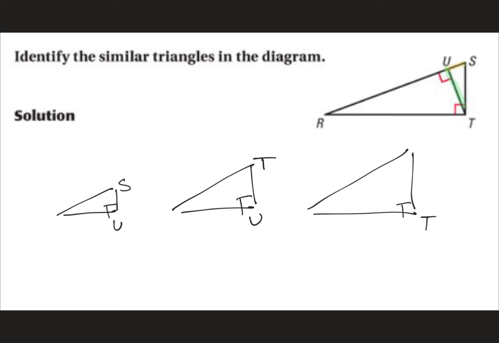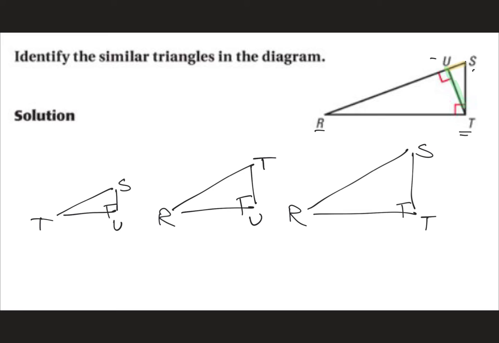And in the original triangle, the short leg is TS, so we're going to label an S. Now we're going to fill in the third angle, the third vertex. So the small triangle is triangle SUT. The medium triangle is triangle TUR. And the original triangle is TSR.